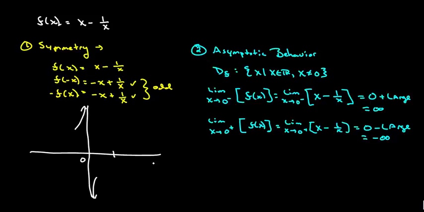They also want us to take a look at the ends out here. So as well on this, we want to take a look at what is the limit as x approaches positive infinity of x minus 1 over x.